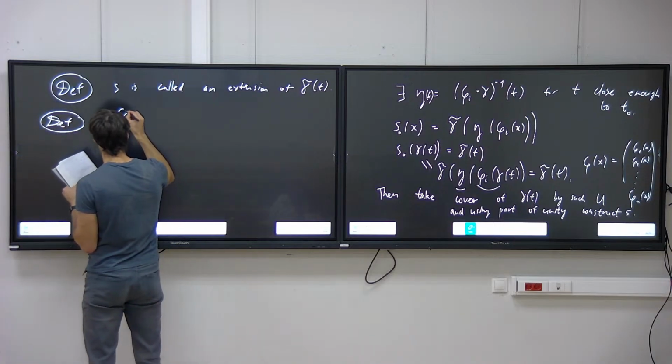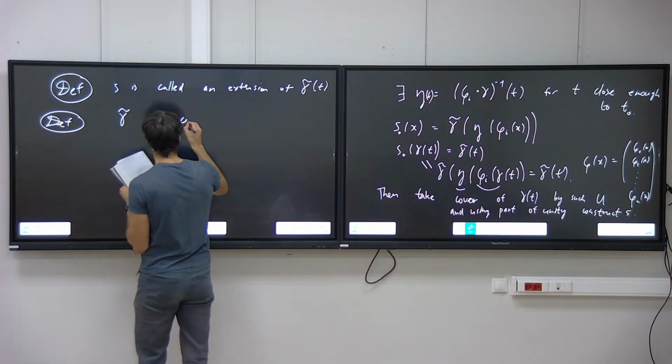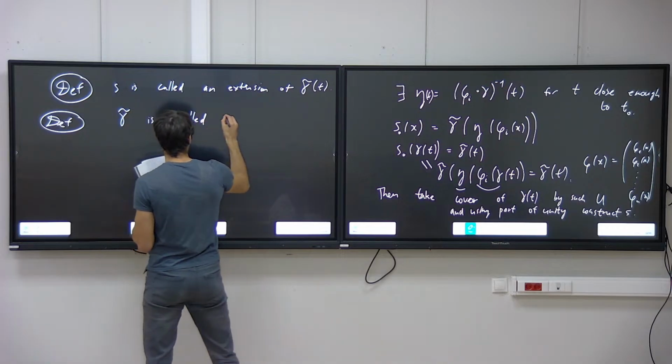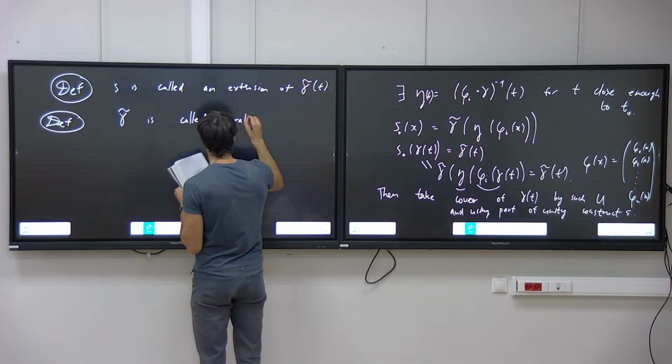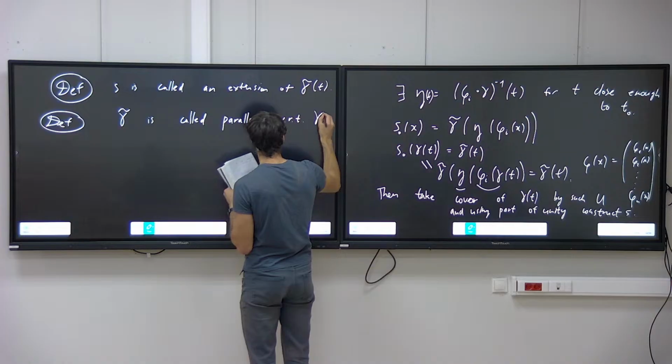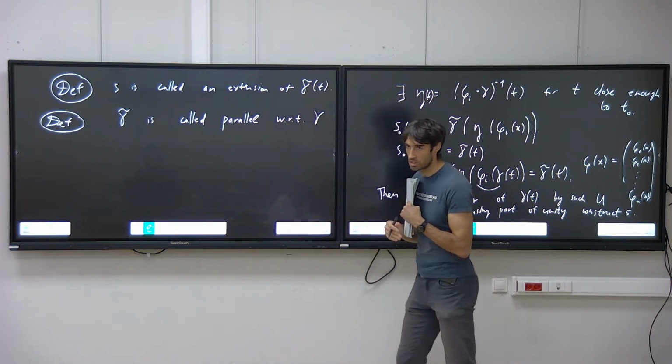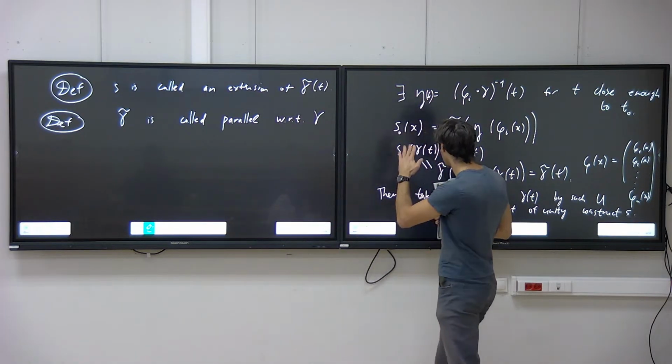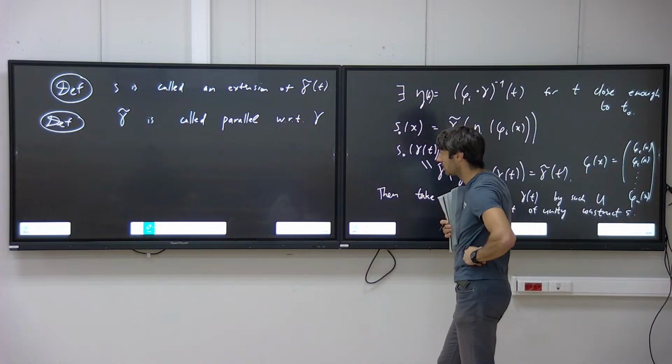Gamma tilde is called parallel with respect to gamma. I keep the same notation as in the previous lemma.